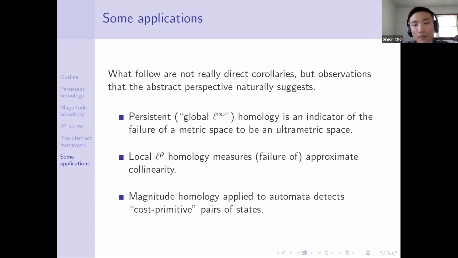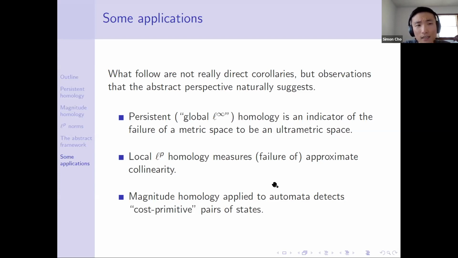And so if you take the persistent homology of it, it has to be trivial for n greater than 0, which means that if you have non-trivial persistent homology, then it can't be an ultrametric space. It's not a hard proof.